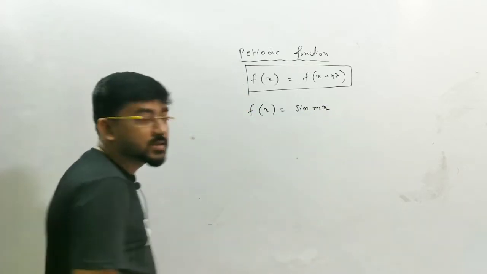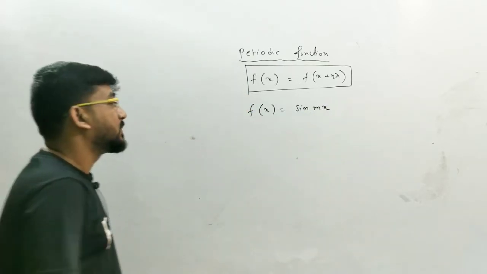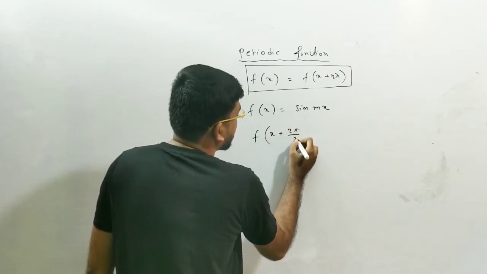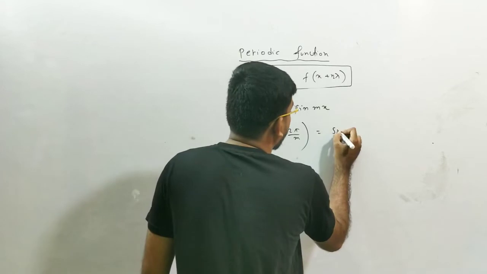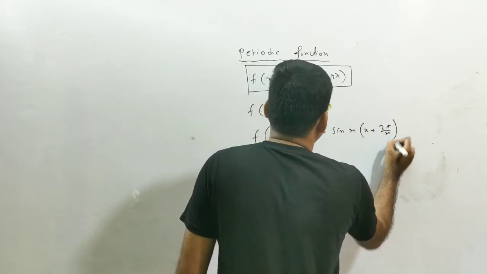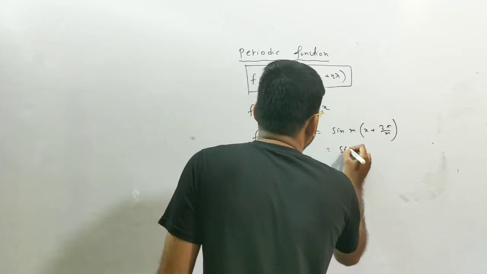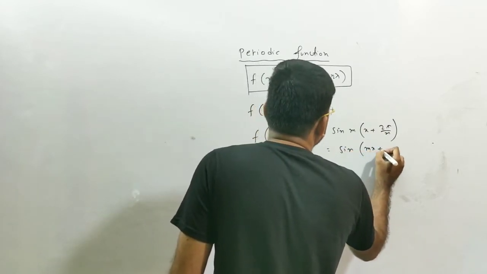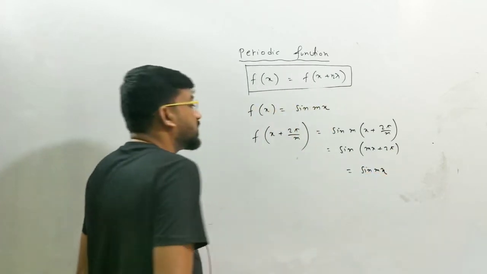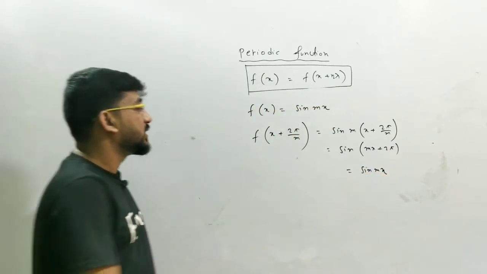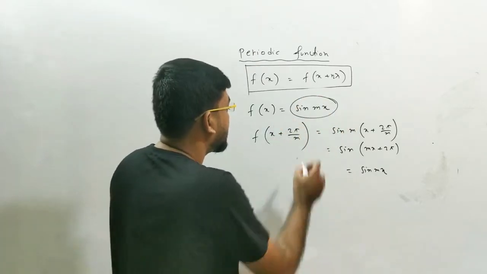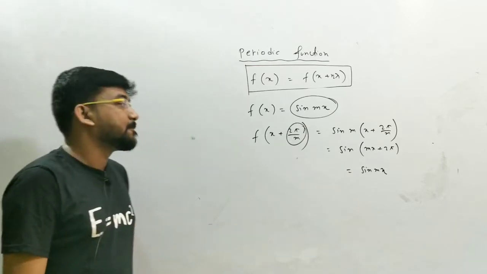You can see in this case your period will be 2 pi by m, because if you add 2 pi by m to x, you will get sin m into (x + 2 pi by m), and from here you will get sin(mx + 2 pi), and sin(mx + 2 pi) is always sin mx. So if f(x) is equal to sin mx, then your fundamental period is 2 pi by m.